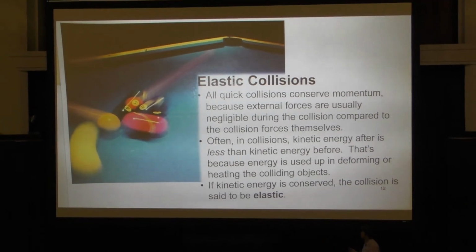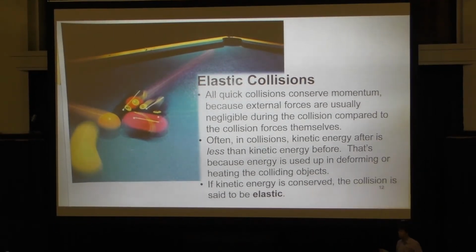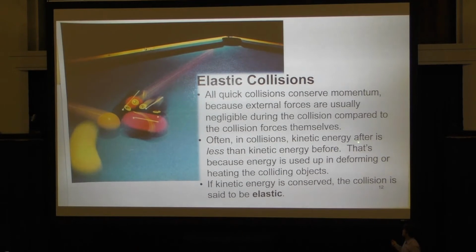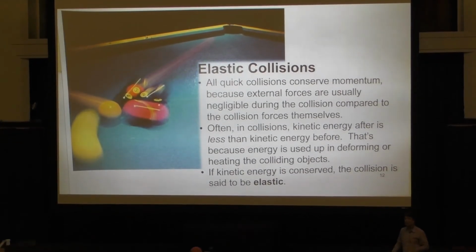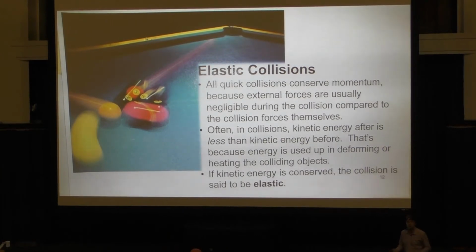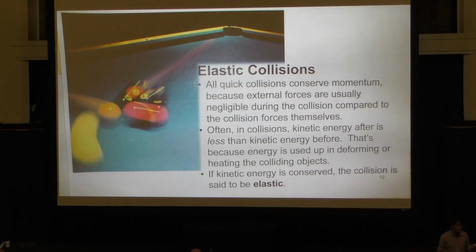Okay, so they all conserve momentum. But often in collisions, the kinetic energy after is a little less than the energy before because something changed. Usually some heat was created and lost to the environment. Or sometimes there's some damage.